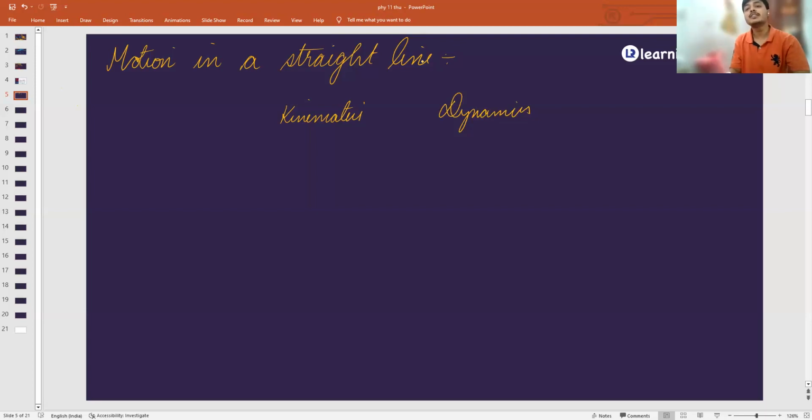Dynamics is where we study the cause of the motion. And in kinematics we study the properties of the motion, like what is the velocity, what is the acceleration, how much distance, how much displacement is there. In dynamics, we study how that motion occurred, who created that motion, who provided that force that the body went into motion. Understood the difference? Yes or no?